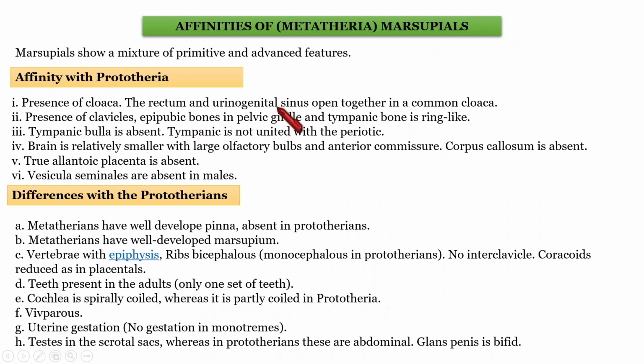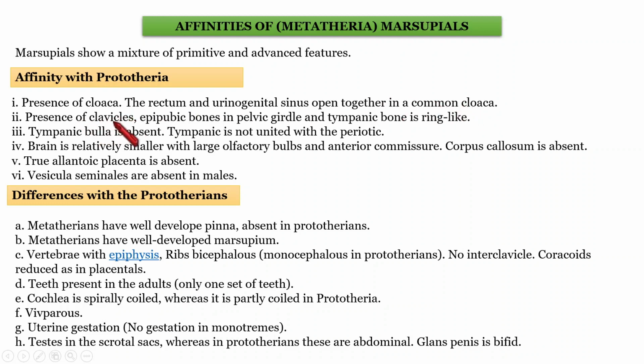All these things I have explained in detail in that recent video about the characteristics of metatherians, so it's not fair to explain it again here. Anyway, rectum and urinogenital sinus both open together in a common cloaca. That's a common feature.